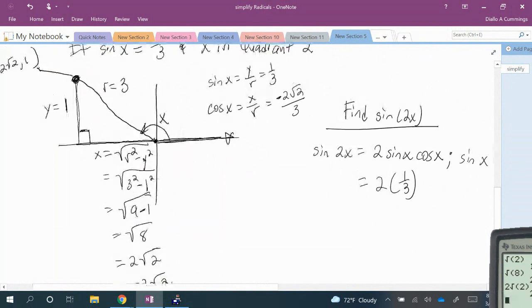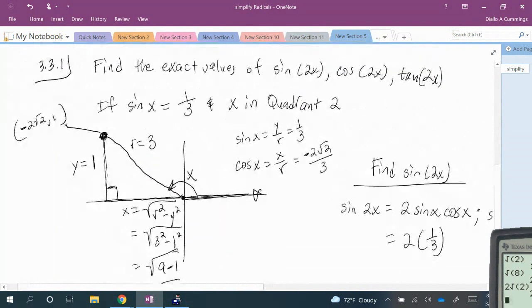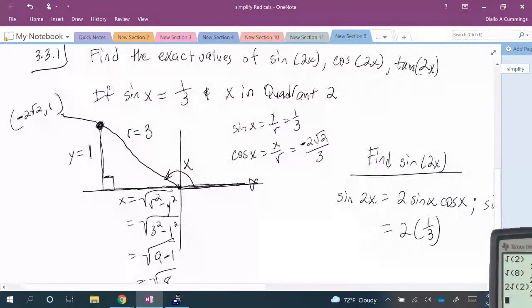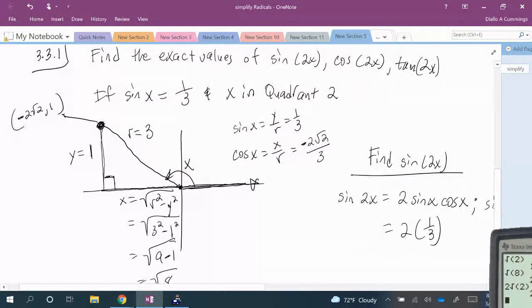So we did a triangle sketch, just a review. The first thing we did was pick out the correct formula, the double number for sine, which is equal to 2 sine x cosine x. We were given the sine value, which is 1/3. We were also given the fact that x was in the second quadrant.